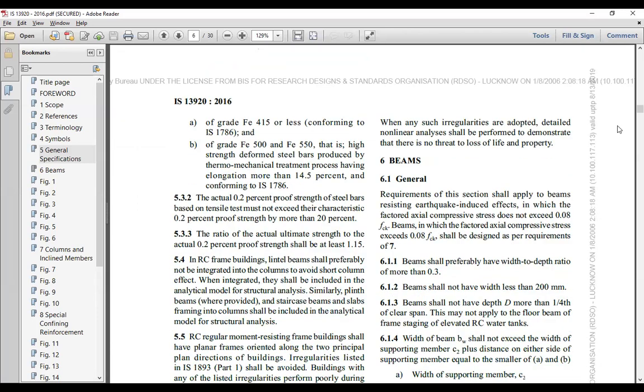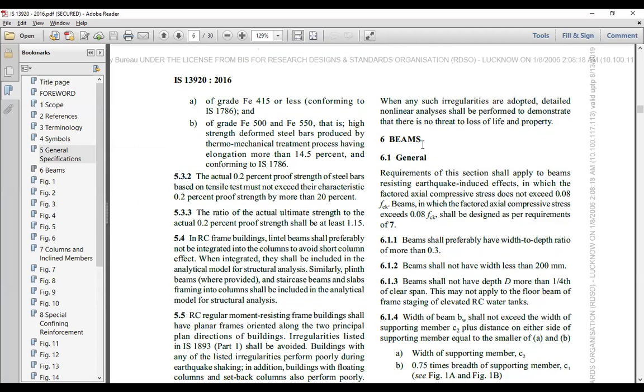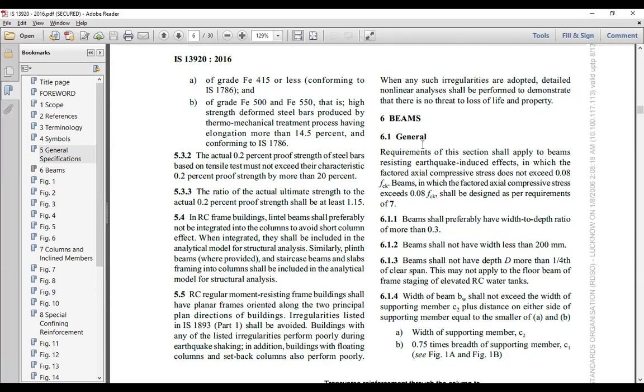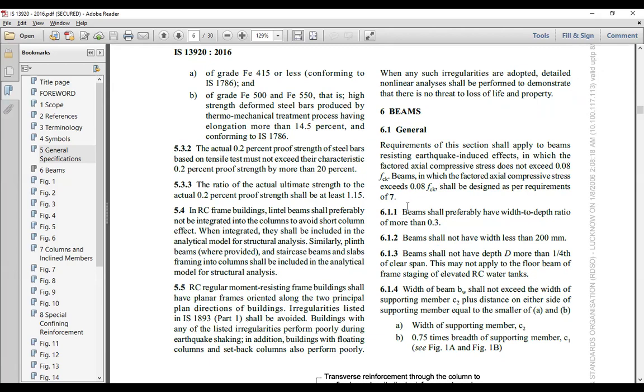Okay, so here also you can see for the flexural members, the first clause is directly given by the width to depth ratio of more than 0.3. In the previous code one more clause was given, which they have not mentioned here.